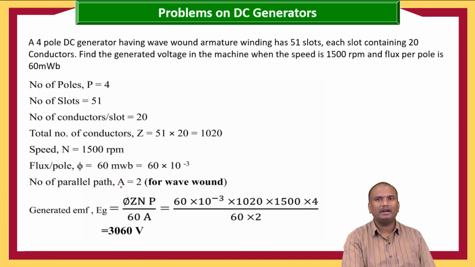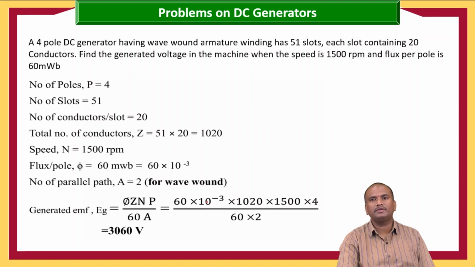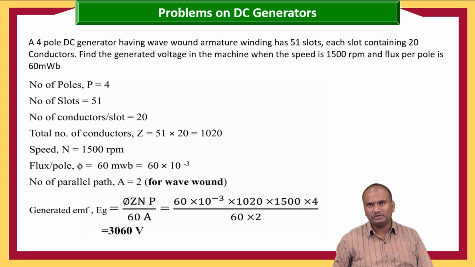Where the number of parallel paths A is equal to 2, the generated EMF Eg is equal to phi Zn by 60 into P by A, that is 60 into 10 to the power of minus 3 into 1020 into 1500 into 4 by 60 into 2, which is equal to 3060 volts.